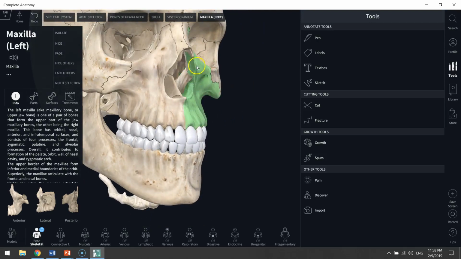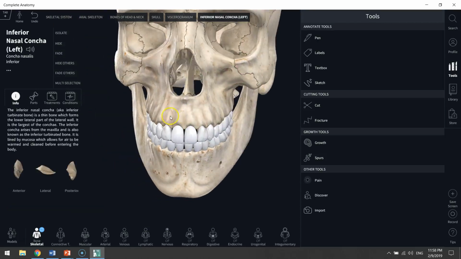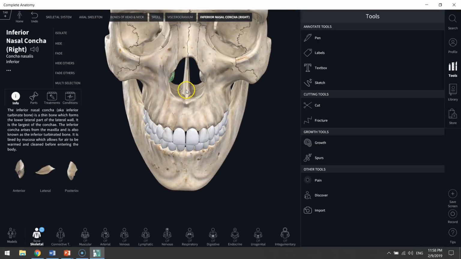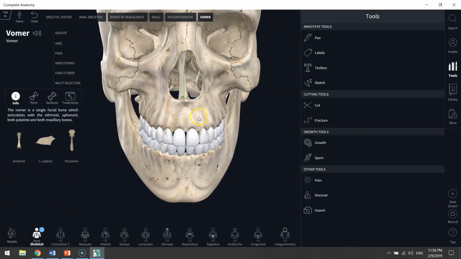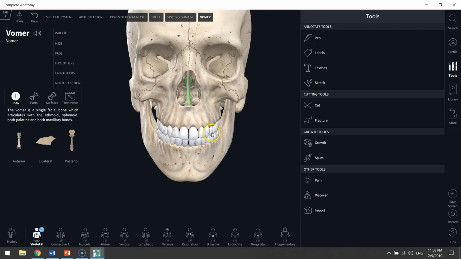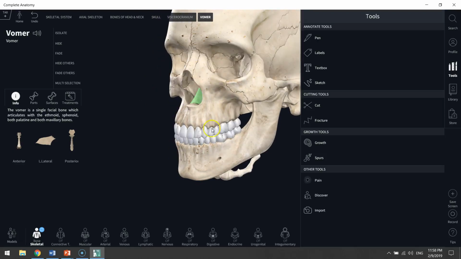The maxillary bone also forms an articulation with the independent inferior nasal conchae and the vomer, which forms the central nasal septum. Maxillary bone.